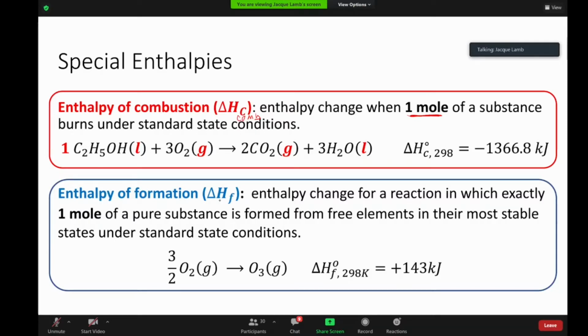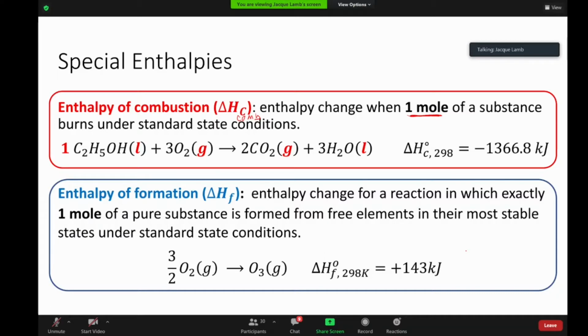So those are standard states under the standard state conditions, which we said before were 298 Kelvin, which is 25 degrees Celsius, and 1 atmosphere pressure. So that's the delta H zero. You will see these in tables, and they will be listed as delta H 0 sub F, comma 298.